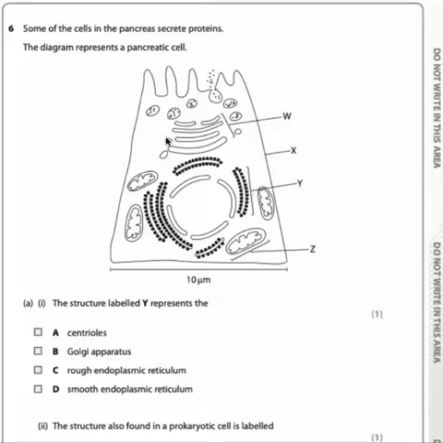And typically it's got this structure next to it, and this distinct shape with the vesicles around it indicates that this is the Golgi body or the Golgi apparatus. And these rod-shaped structures are mitochondria, meaning that what's left over is X, and X is just a cell membrane. And so Y would be the rough endoplasmic reticulum.